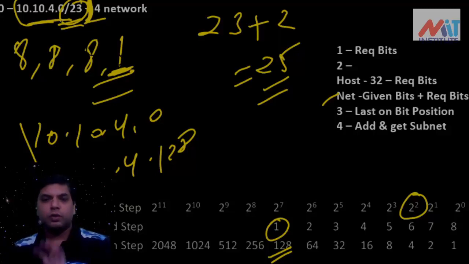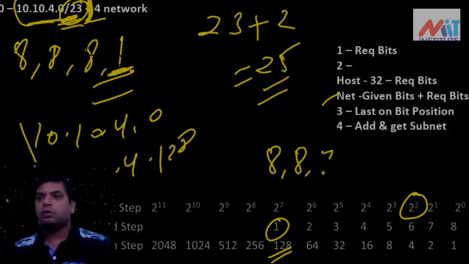So you can use reverse engineering here with /23. Your default subnet mask is /23, which is given to you. So with /23 you know the first octet full, second full, in the third octet you have 7, and the fourth octet 0. So the position of the last on bit is 7 in your given subnet mask.